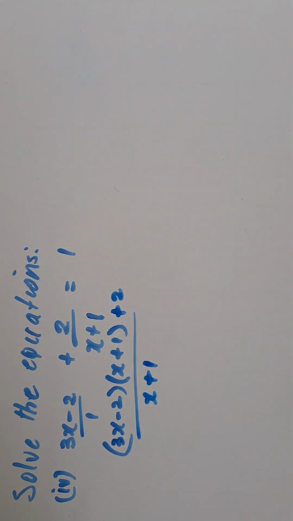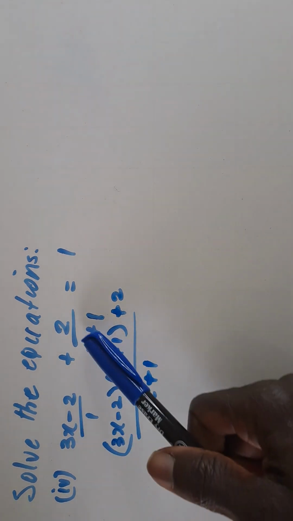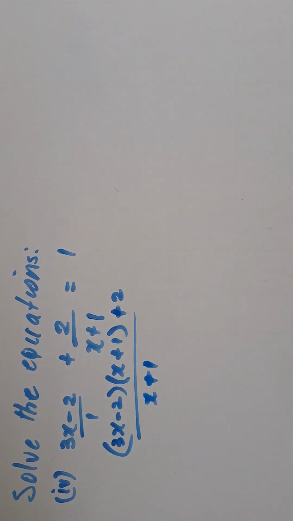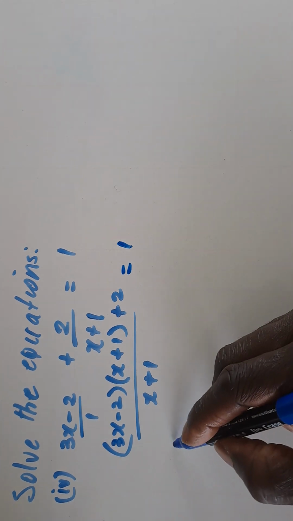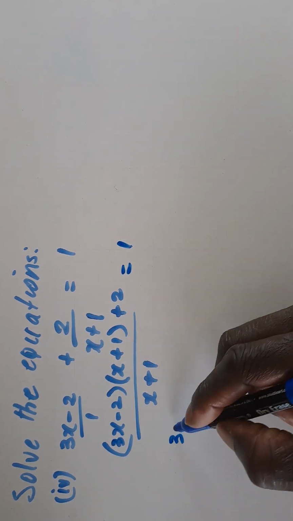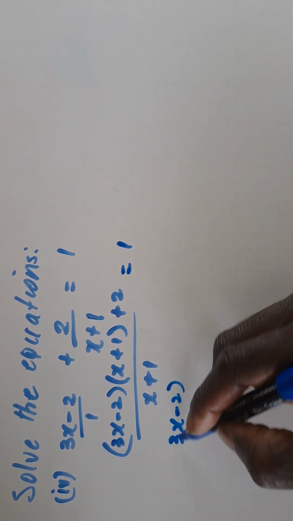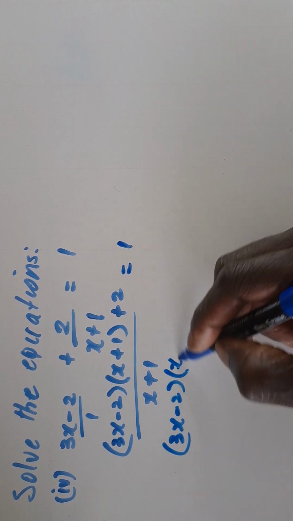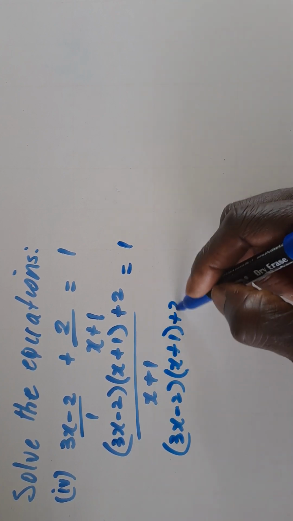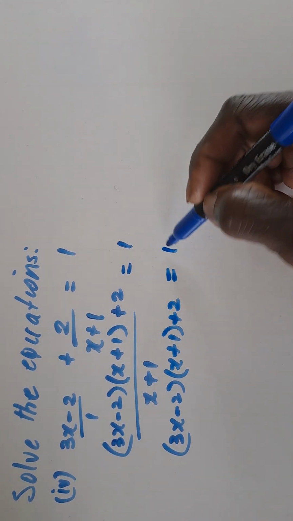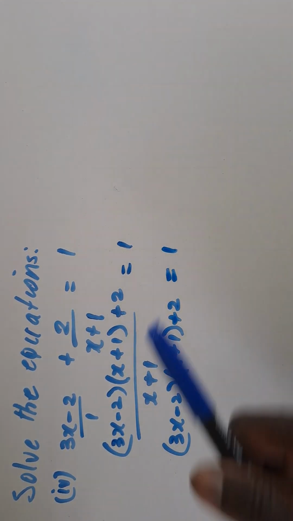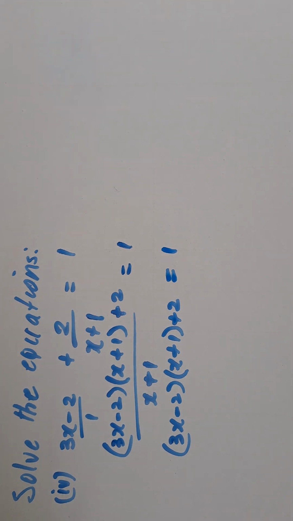So now we've combined both of these as one fraction with a common denominator. And this is equal to 1. So we can write that 3x minus 2 times x plus 1, plus 2, cross multiply here, is equal to 1, because 1 over 1 is 1, so the numerator remains the same.